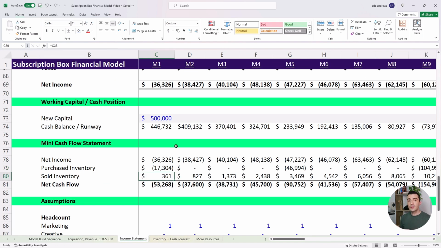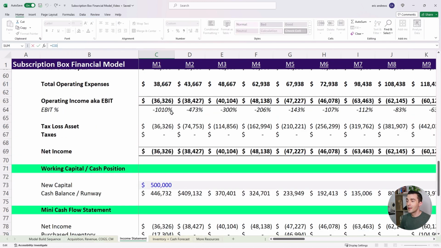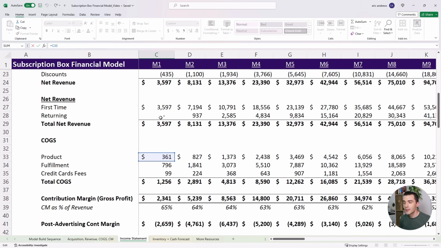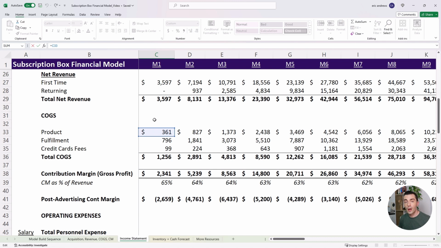Now, the things on your income statement that actually boost your cash is when you're selling through inventory that you already bought. So it says that we lost $36,000. Then on top of that, we spent $17,000. But what we do is we take our product COGS and actually we add that back to the net income.